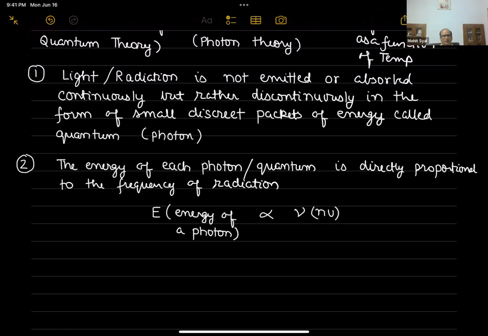What is the unit of frequency? Per second, or hertz, Hz. Got it? The unit of frequency is per second. So how many vibrations we are having per second.